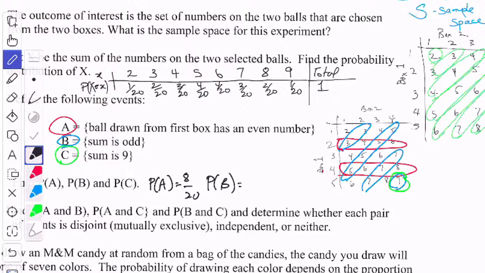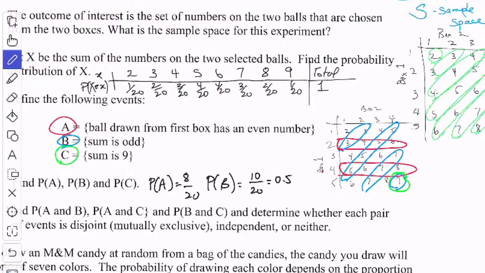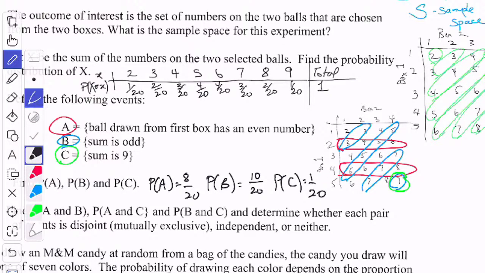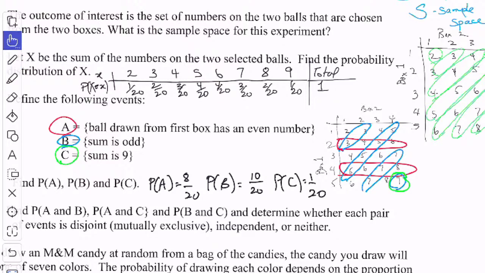So 10 out of 20, or it's easy to simplify that into 50%. I'll leave it as 10 out of 20 though. Basically half, right? And then C is only one possible way of seeing C, so that's 1 out of 20. All right. Any questions so far?